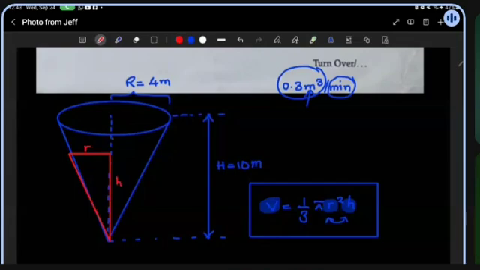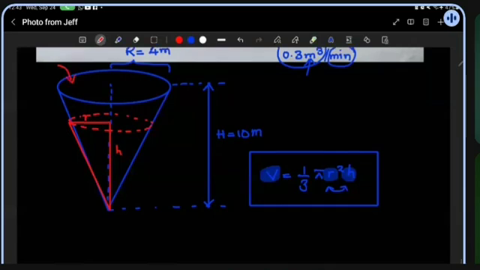So when you compare the triangles for when the volume has reduced to, say, this level, when we compare this to when it was originally at that level, we see that the radius when the volume has reduced, compared to the radius when the cone was full, this ratio has to be equal to the ratio of their heights.